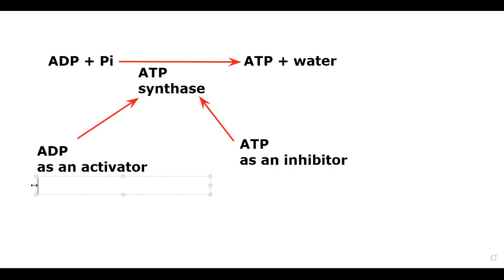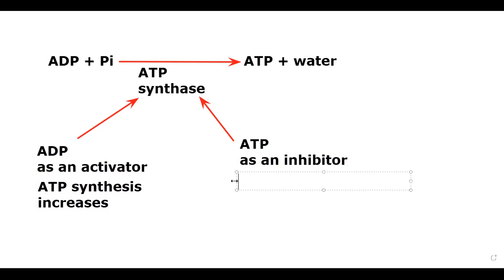Due to the activator's role, ATP synthesis increases. Correct? If due to inhibition, what will happen? ATP synthesis decreases. Why should it decrease?